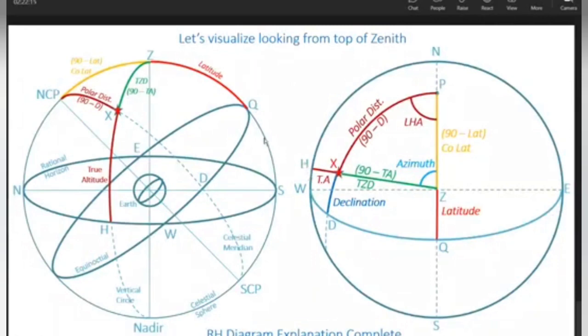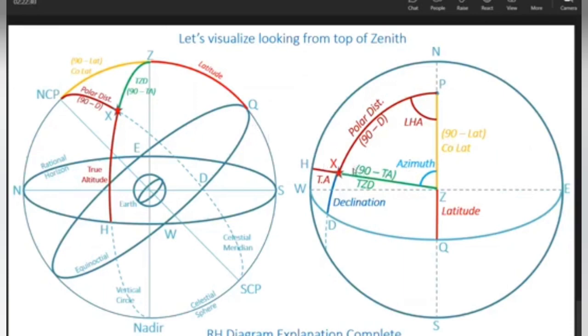Now beta, if you look at this diagram, meridian passage means the body crossing PZQS. This is the observer's meridian. When the body is here, that is what we call meridian passage. The body will be rising on the eastern horizon, close to the east point, then traveling in the sky, crossing the meridian at a certain point, and then moving to the western side.